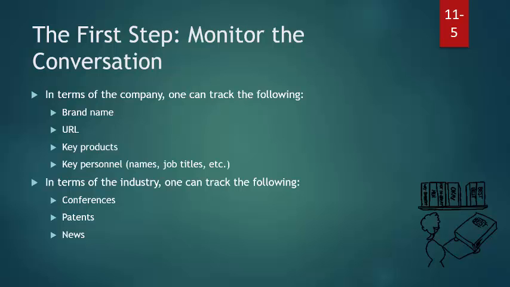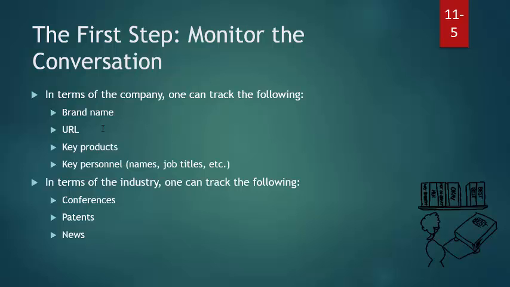In terms of looking for information in your industry, you might have certain conferences that are coming up. Look for patents that are in your industry, any news that's in there. So if you're looking for healthcare, you might want to look at any specific healthcare conferences.